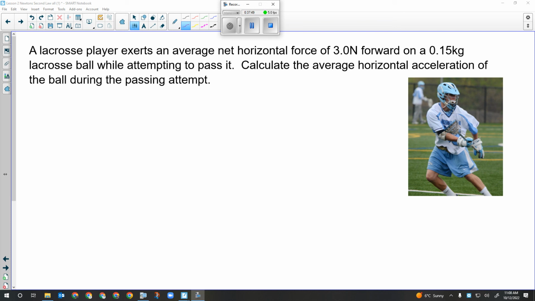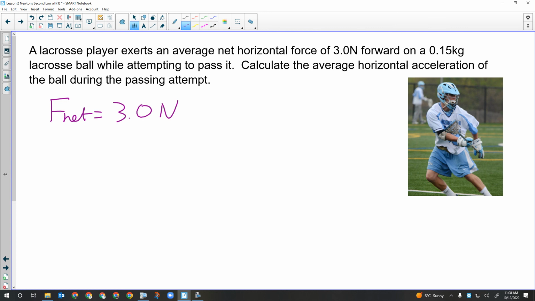There's only one force, according to this question, acting on the lacrosse ball. So I know right off the bat, F net is 3.0 newtons, and I know it's horizontal, and it's on a 0.15 kilogram ball. I'm just being asked to find acceleration, which is simply F net divided by m.